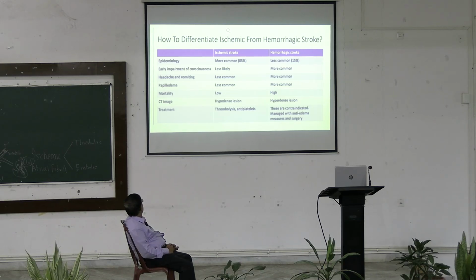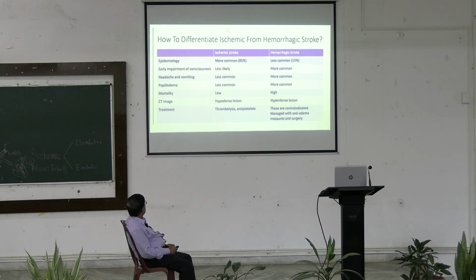Ischemic stroke, epidemiology: most common, 85%, I have already told you, and hemorrhagic stroke is 15%. Early impairment of consciousness is less likely in ischemic stroke, because it develops gradually, particularly if it is thrombotic.